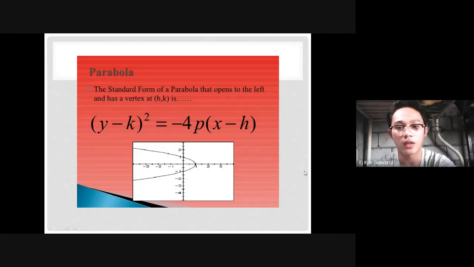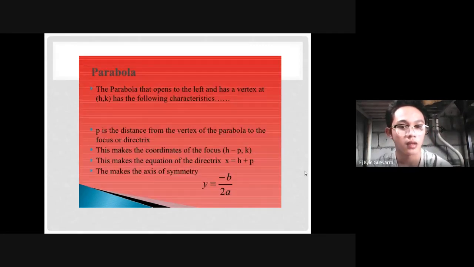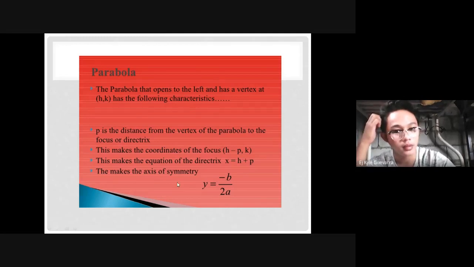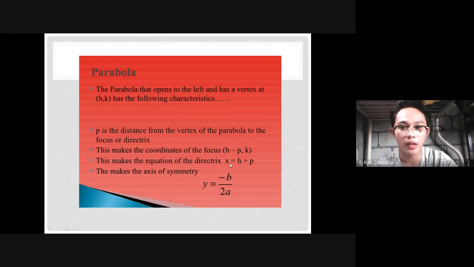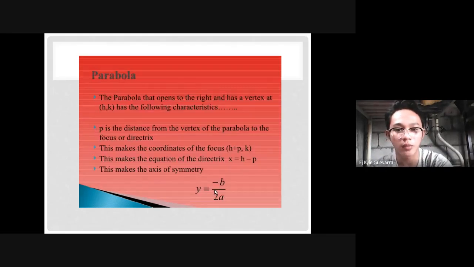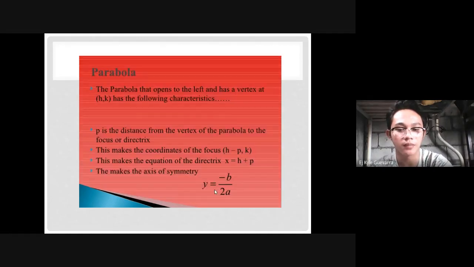Ang characteristic niya is the coordinates of the focus is h minus p and k. The equation of directrix is x is equal to h plus p at ang kanyang axis of symmetry is equal to negative b over 2a. So kanina is negative b over 2a din. Parang lang din pala. Ayan, to the left.